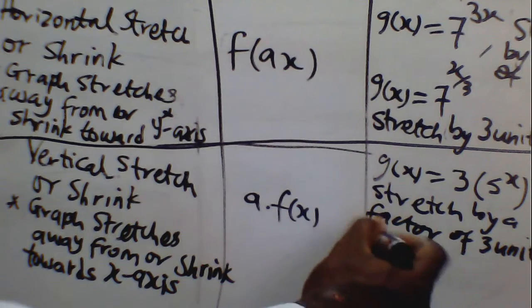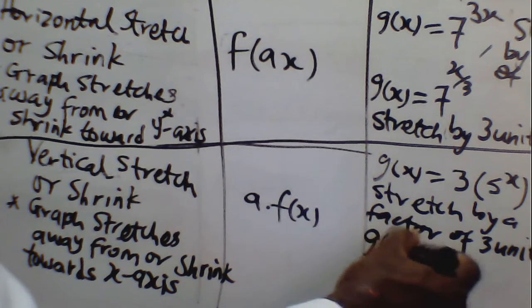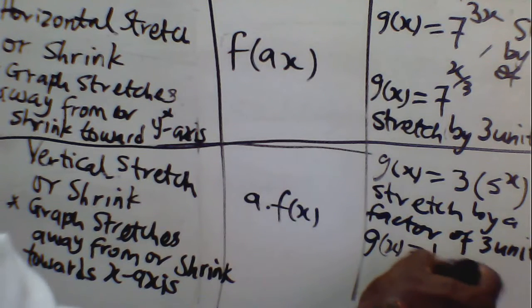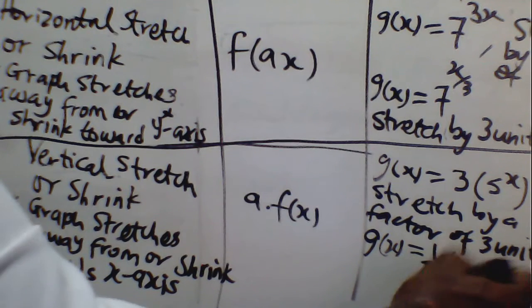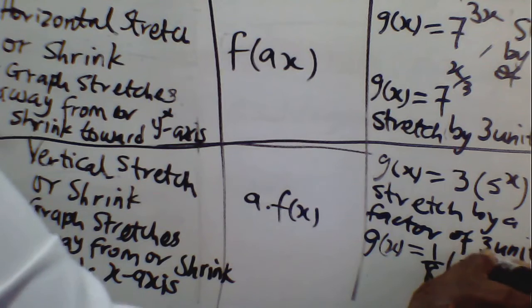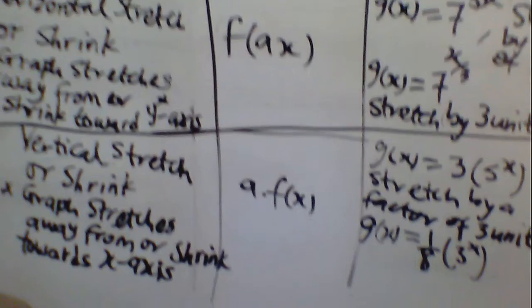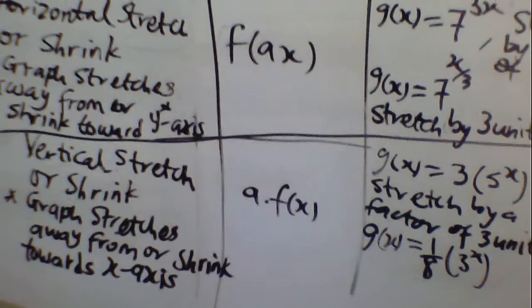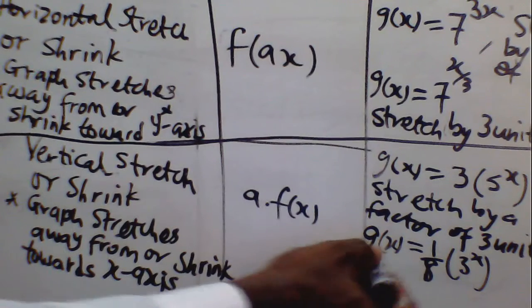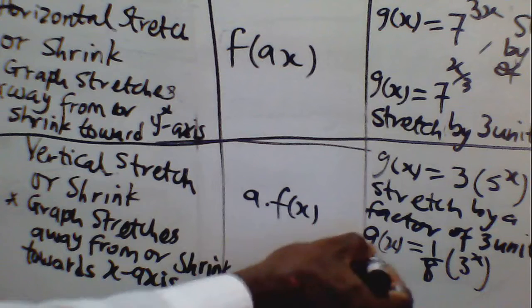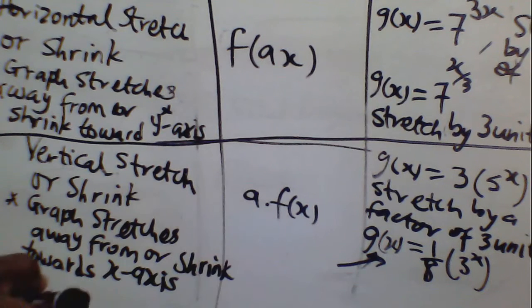So what if g of x is of this form, 1 over 8 multiplied by 3 raised to power x? So what happened? In this case, if it is of this type, what will happen?